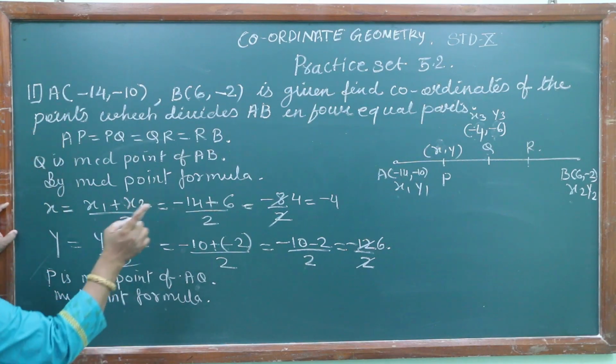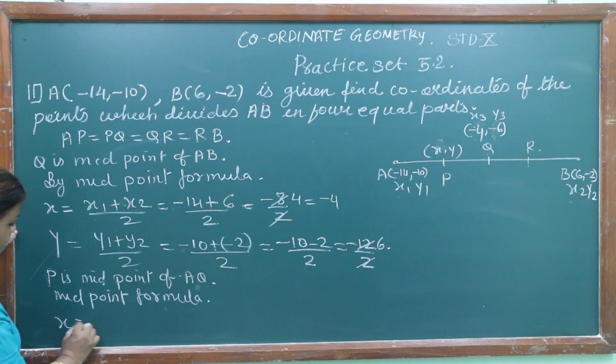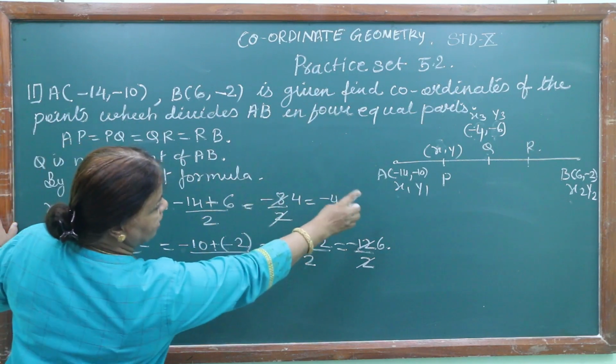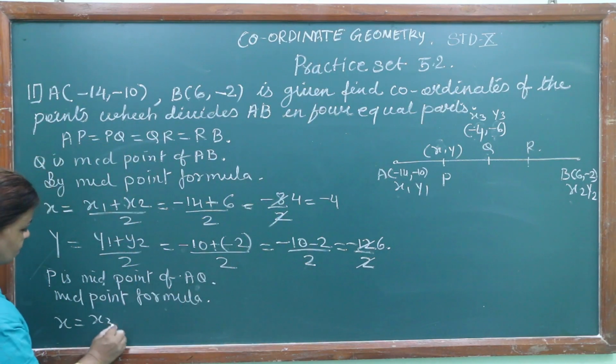So the x coordinate would be x3 plus x1 upon 2.